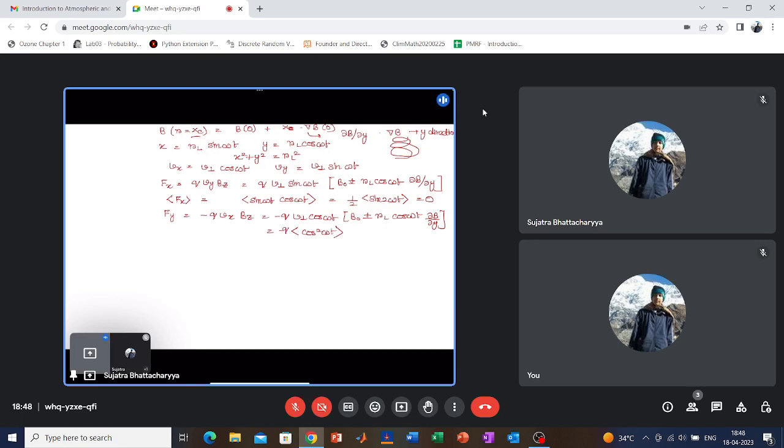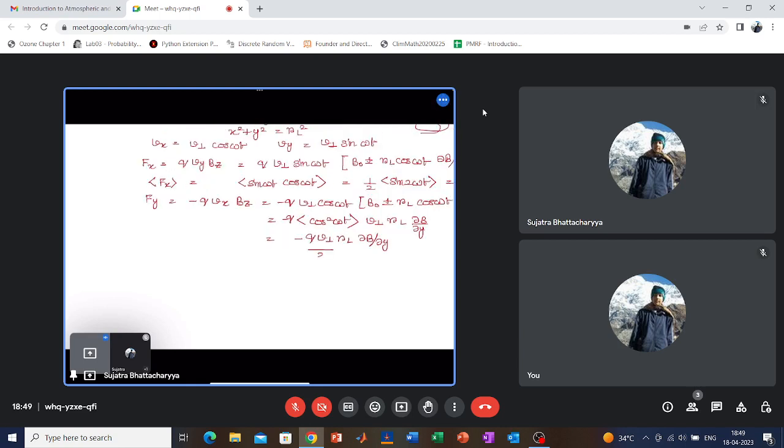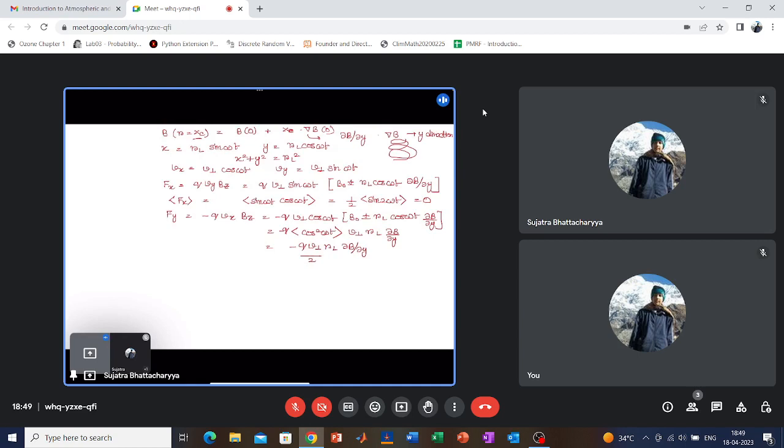The average of cos squared omega t is half, so this comes out to be minus q V perpendicular R_L delta B by delta y divided by 2. This becomes my F_y average, and F_z average is 0, because nothing is there in that. So this is the force we are getting.